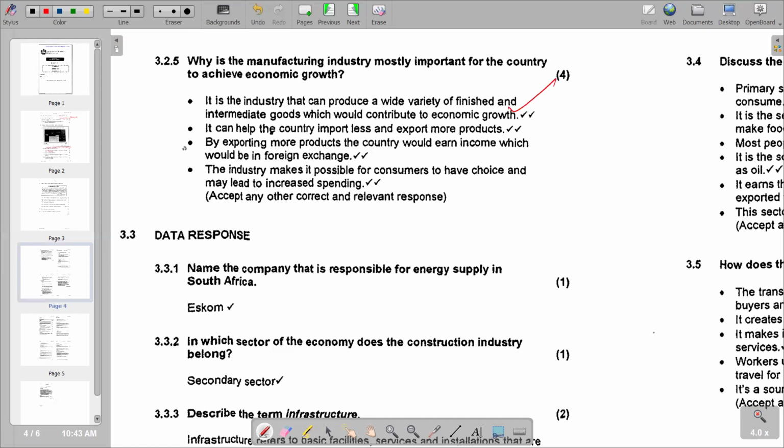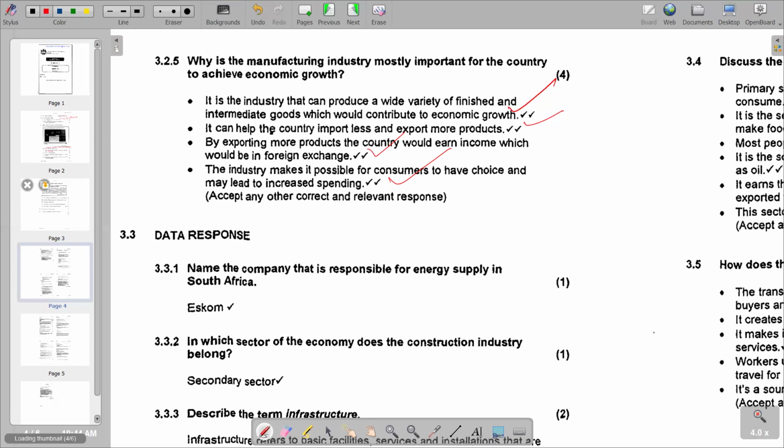The second point says it can help the country import less and export more products. The next one says by exporting more products, the country would earn income in foreign exchange. And lastly, the industry may lead to increased spending. Those are some of the reasons supporting the relevance of the manufacturing industry in the determination of economic growth. So this is what we have on this question.